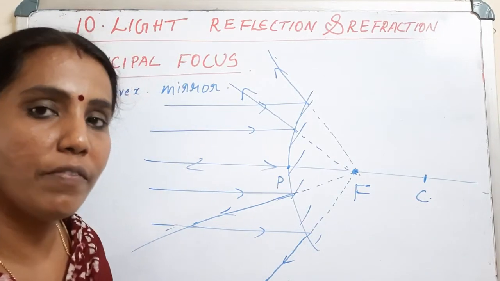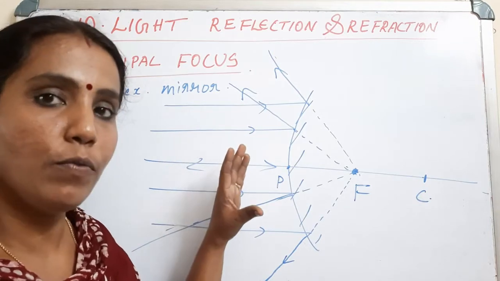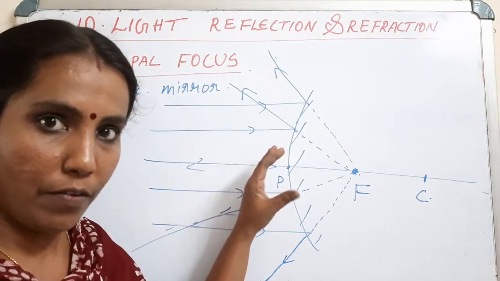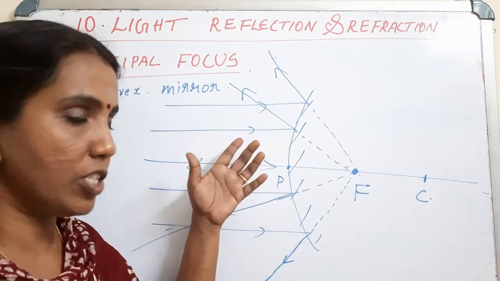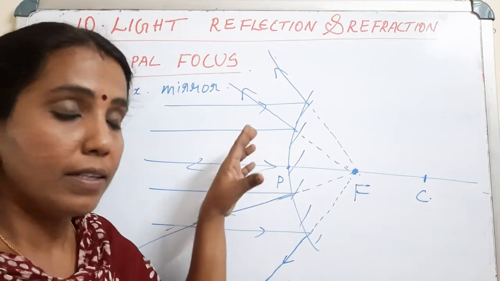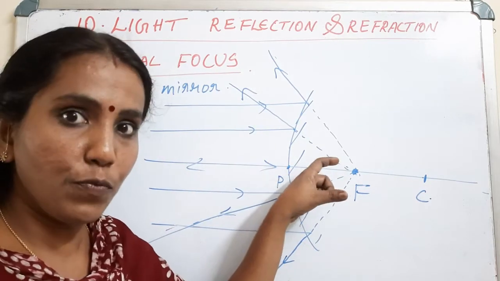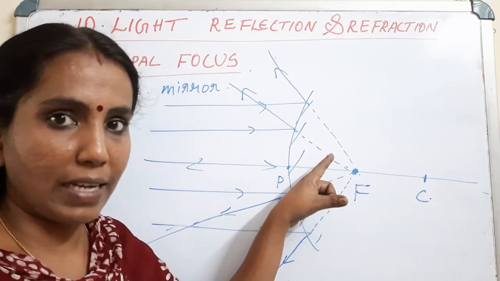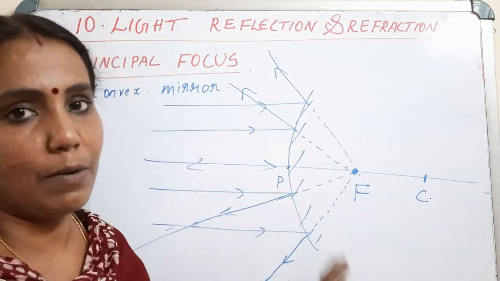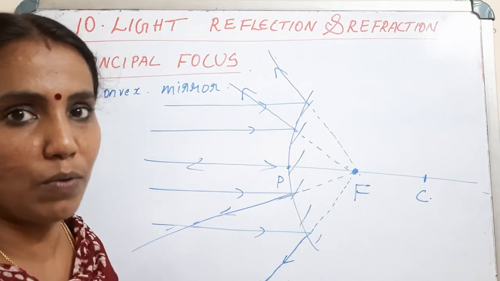So in the case of convex mirror, when a parallel beam of light parallel to the principal axis falls on a convex mirror, after reflection, the reflected rays move in such a way that they appear to diverge from a point on the principal axis, and that point is called the principal focus.